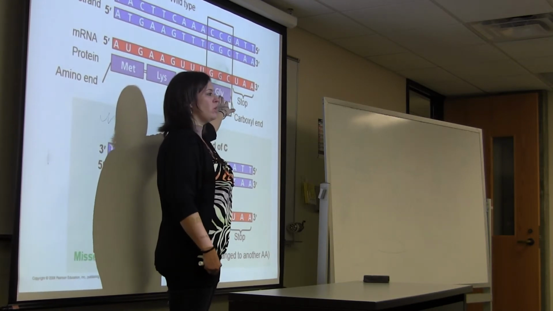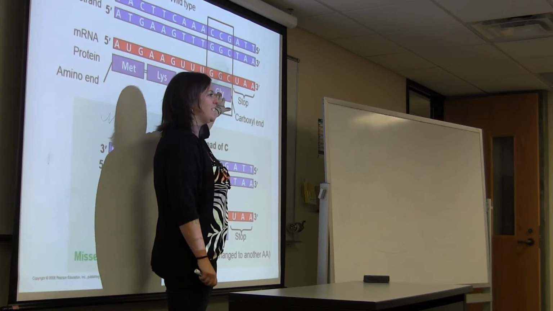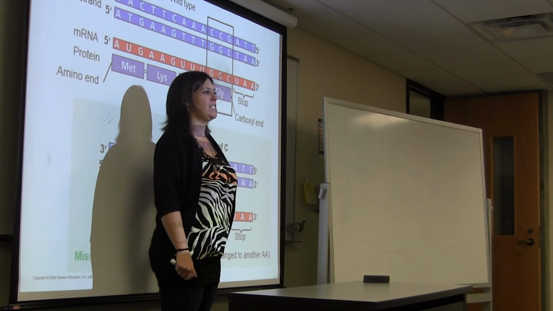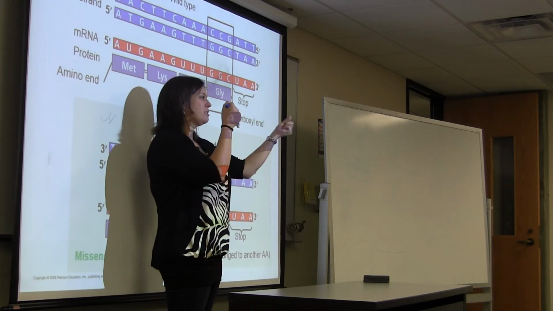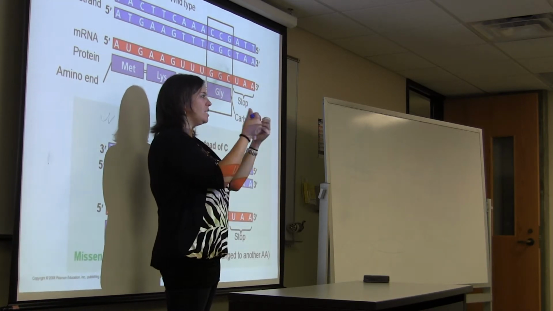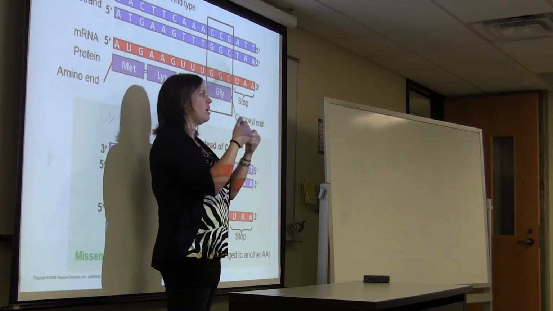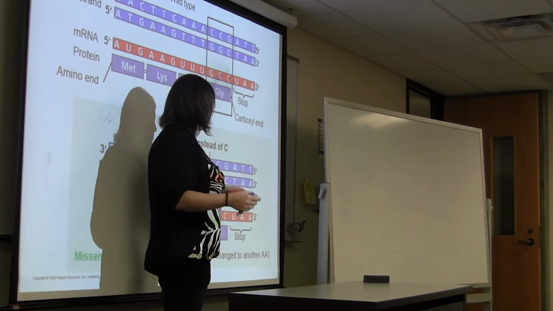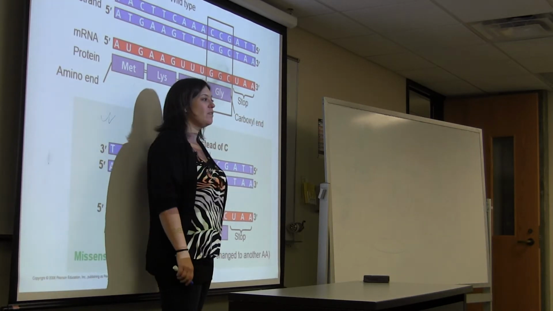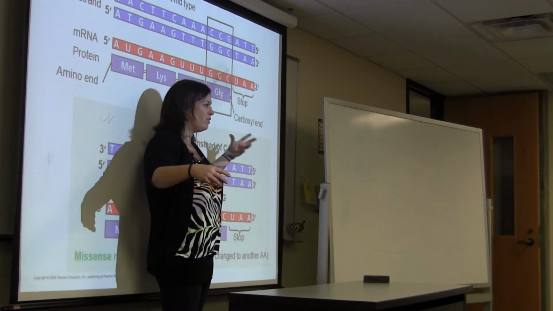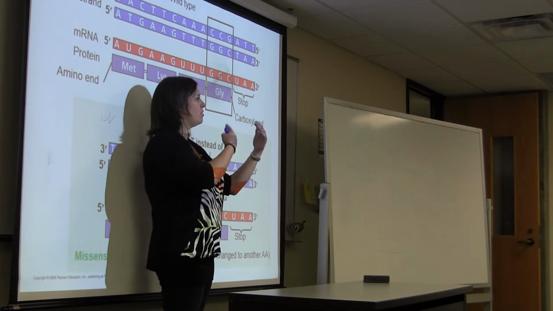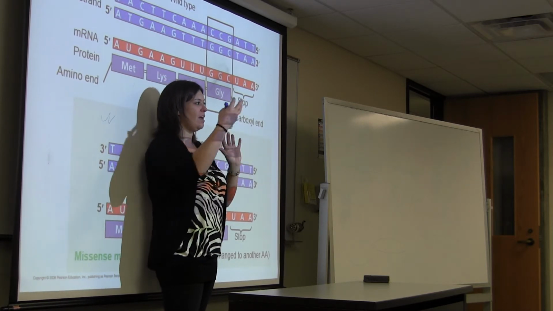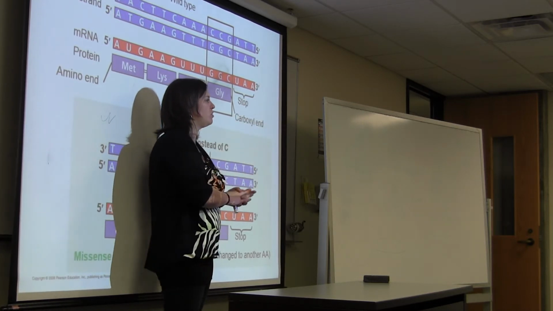Well, glycine is one of those negatively charged amino acids, and valine is extremely hydrophobic. So you can see the mismatch of amino acids, and just that one mismatch is enough to make you have a disease. Depending on the gene that it's in, if you're messing up your amino acid sequence, likelihood is you're messing up the way that it's folding and how all our groups are interacting with one another.